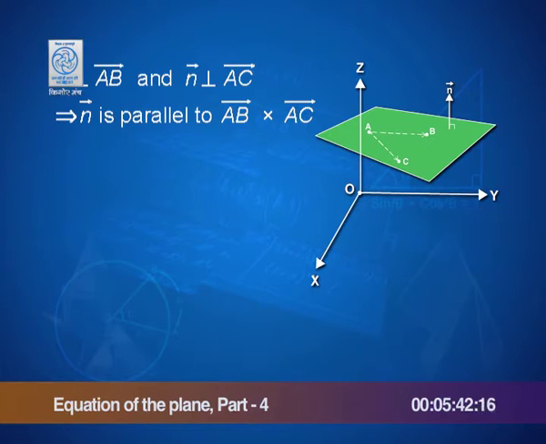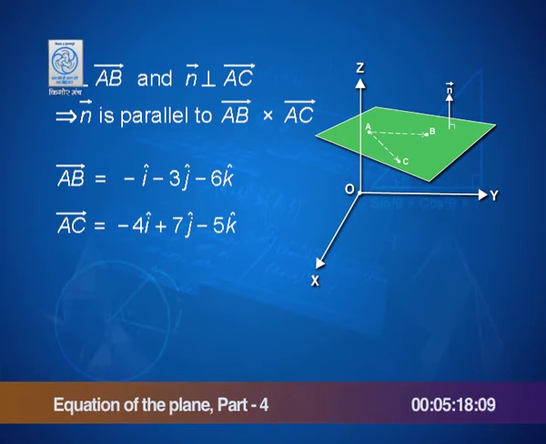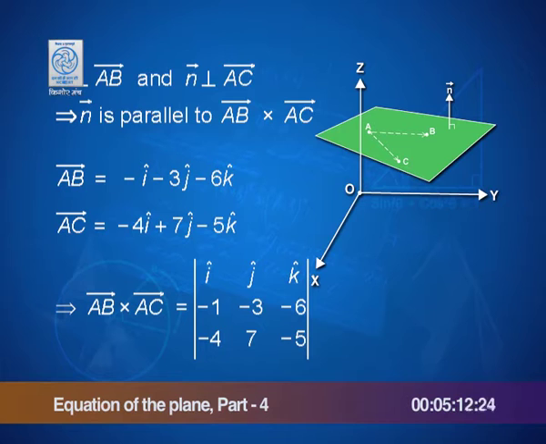Since vector algebra taught you that the cross product of any two vectors is always perpendicular to the given two vectors, if I find the vector AB as position vector of point B minus position vector of point A, find position vector of C minus position vector of A to get vector AC, then find the cross product using determinant, I get the vector AB cross vector AC to be 57 i cap plus 19 j cap minus 19 k cap.